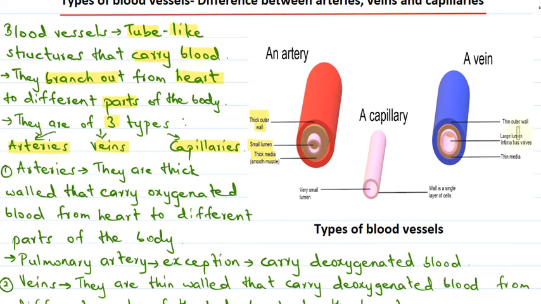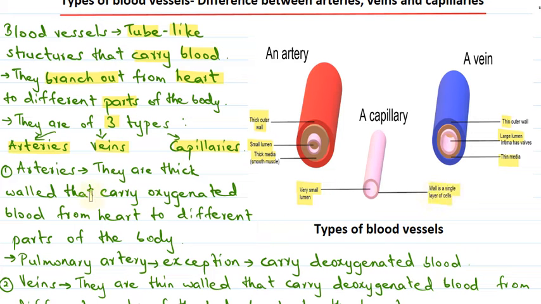Then in case of vein, we can see that their outer wall is thin, they have a large lumen, and thin media, whereas arteries have a small lumen and thick media. Then there is an image of capillary as well. In capillaries, we can see that the lumen is very small, and the wall of the capillary is a single layer of cells.